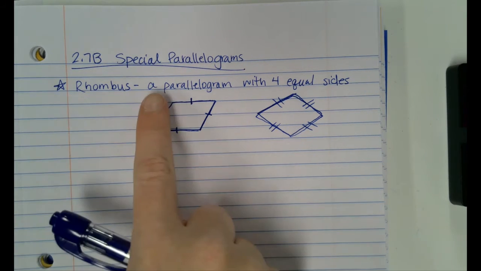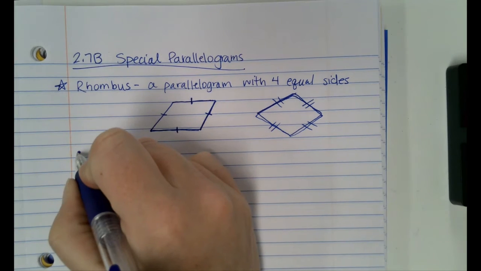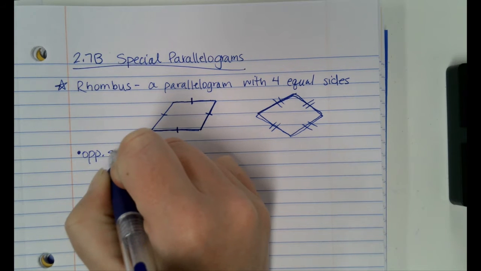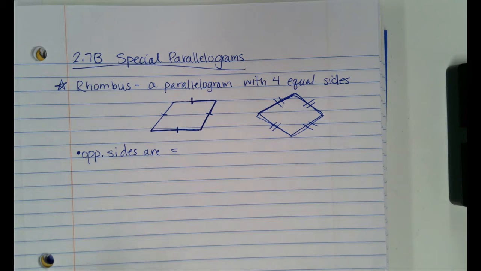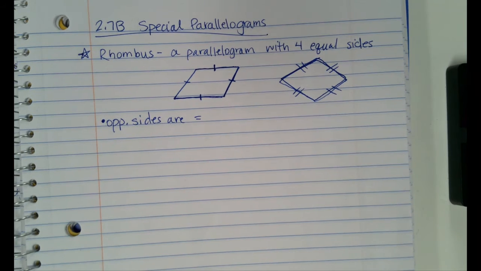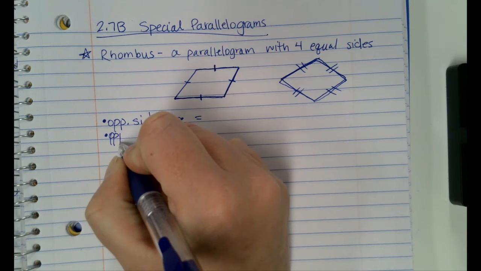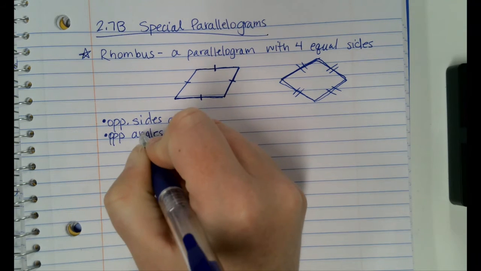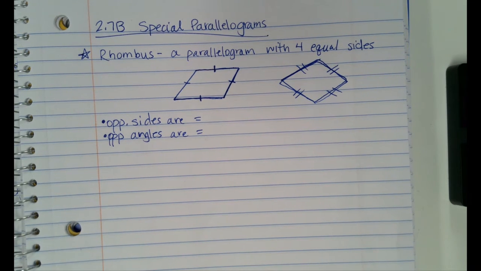So, because this is a parallelogram, the things that we talked about yesterday are still true, okay? And I'm going to abbreviate. The opposite sides are still equal because it's a parallelogram. The opposite angles are still equal because it's a parallelogram.